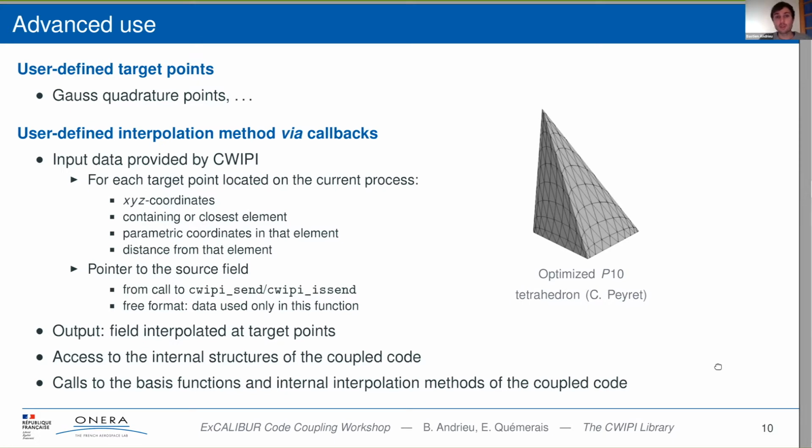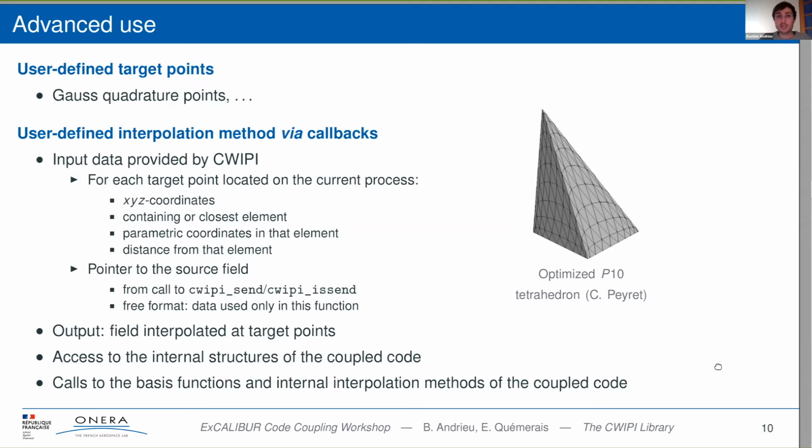And CWIPI has two default interpolations, but you can also write your own interpolation method, which can use the data provided by CWIPI, which is the result of the localization algorithm. And this way you can potentially use the specific internal data structures of your own code, as well as the specific basis functions that you use in your code.